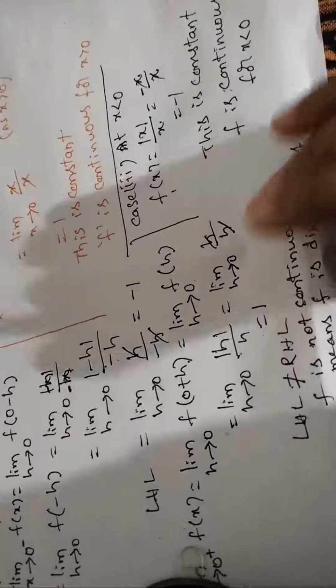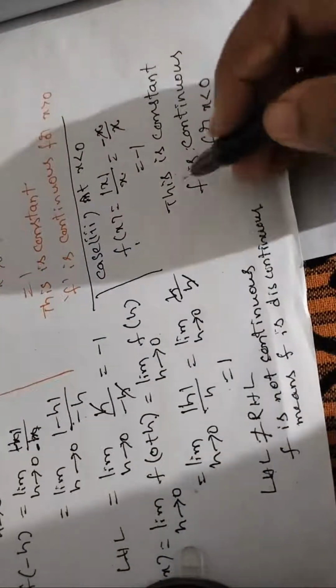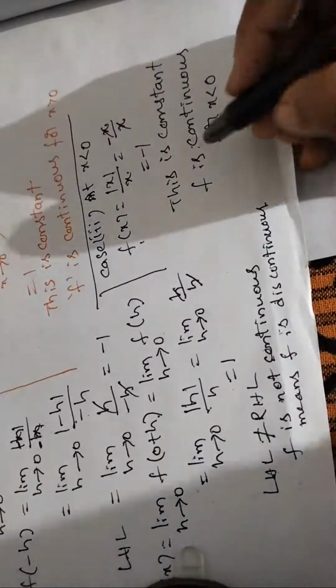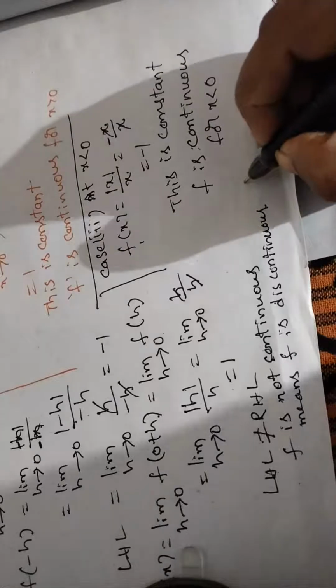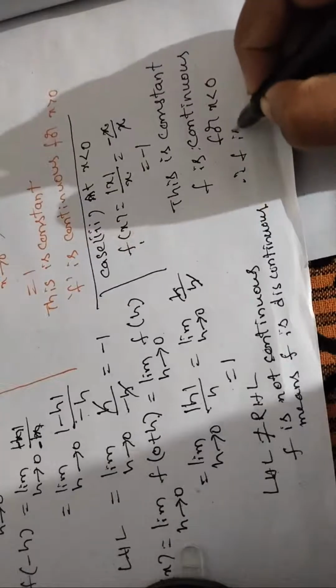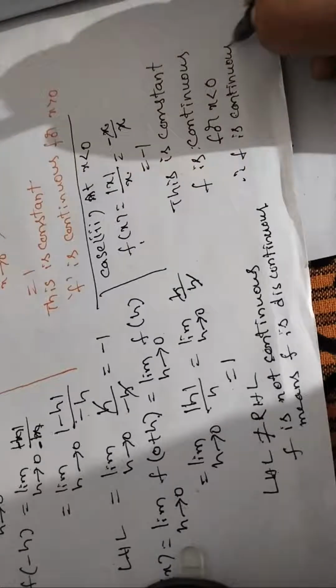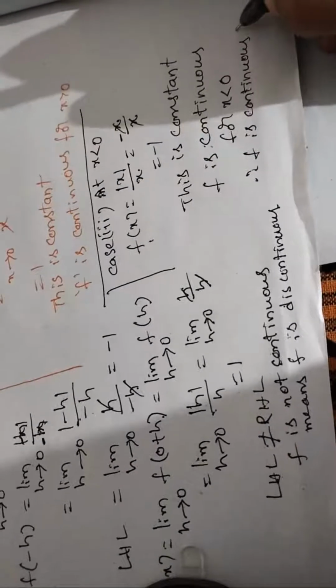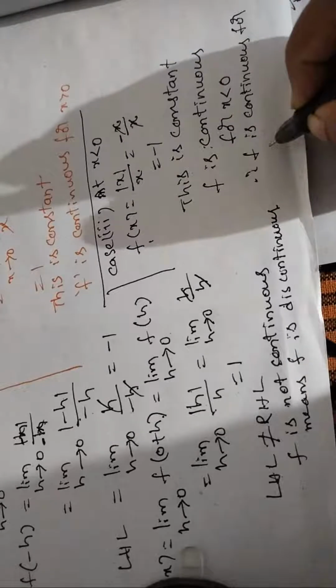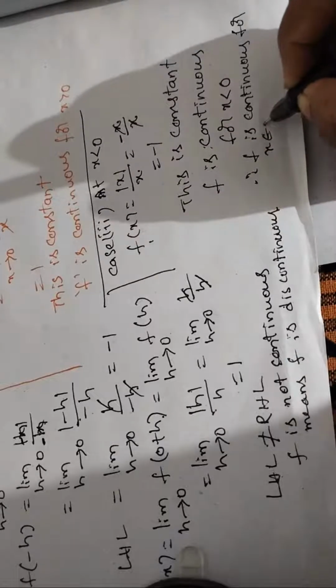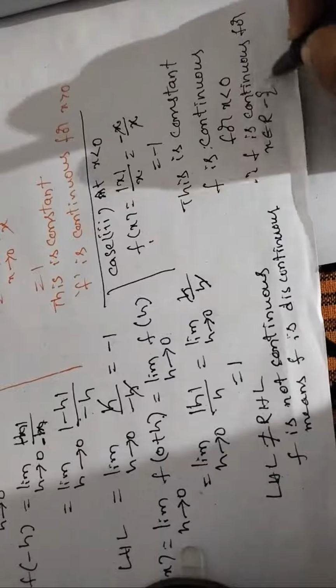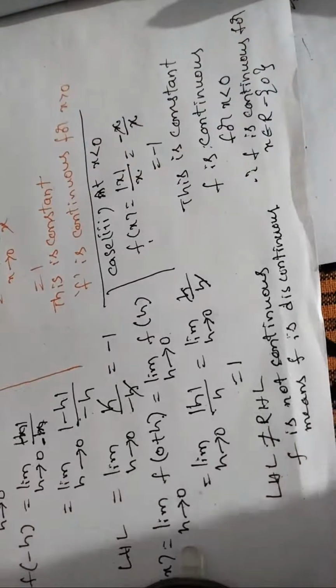So final conclusion, f is continuous for all real numbers except 0. Therefore f is continuous for x belongs to R except 0 case.